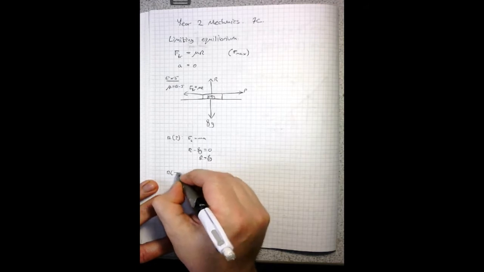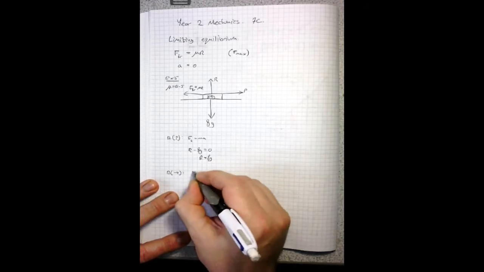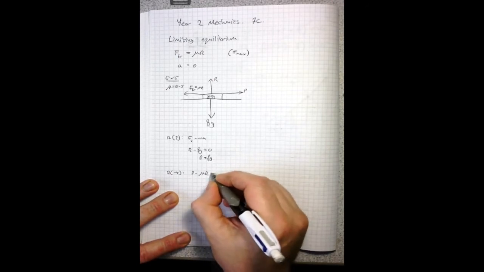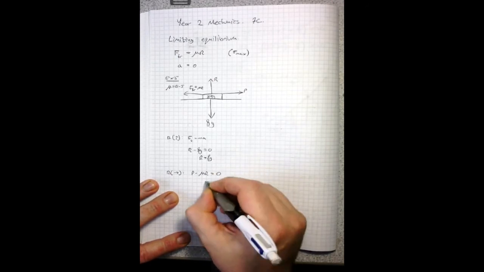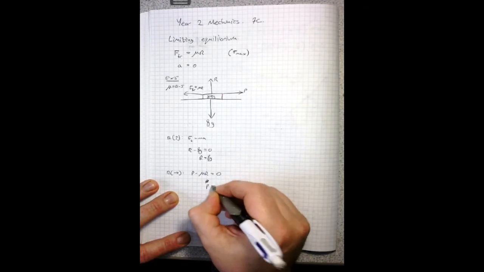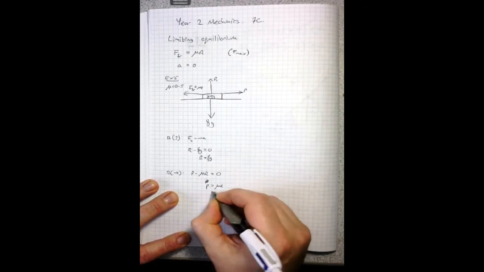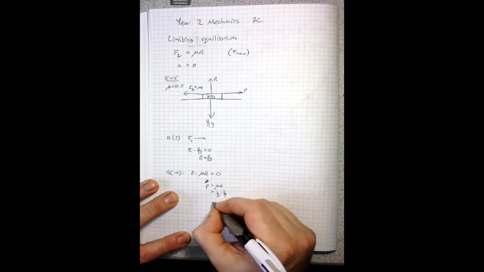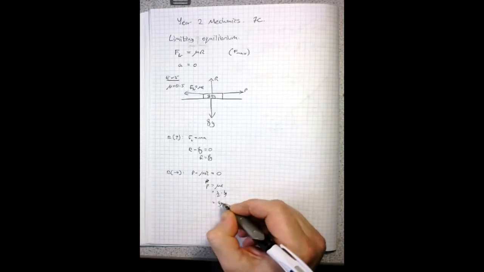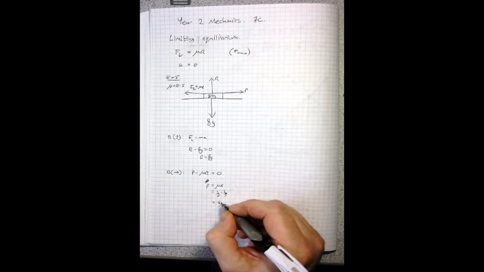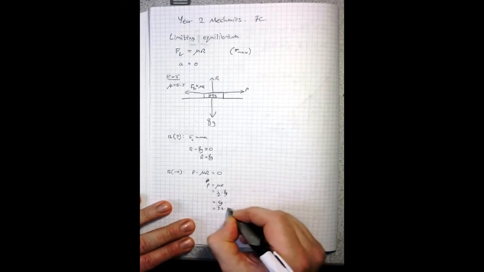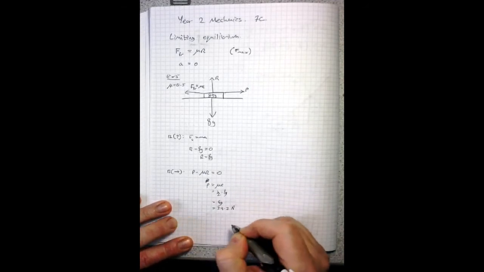And resolving horizontally, P minus mu R equals 0, so P equals mu R, which is a half of 8g, 39.2 newtons.